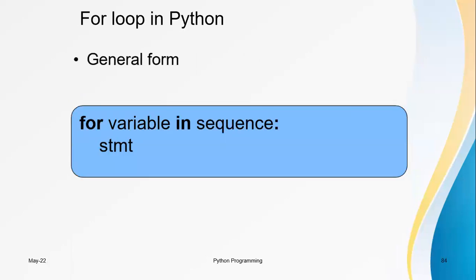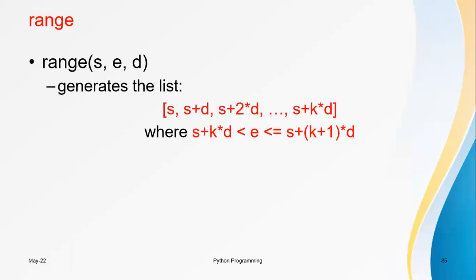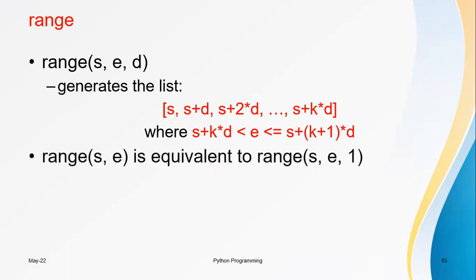So the general form is range with start, stop, step. I told you, start, stop, step. When I say range(S, E), it is equivalent to range(S, E, 1). By default, one is there. Don't ask who is giving the step, sir.